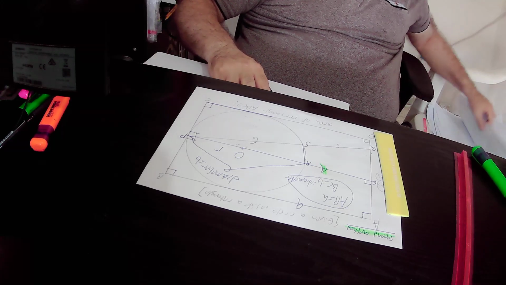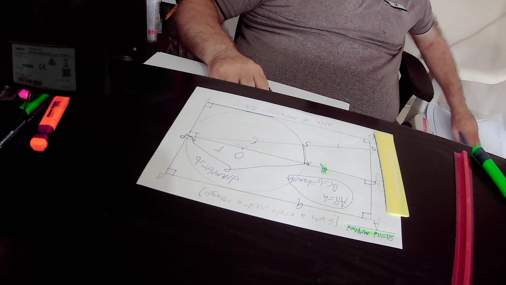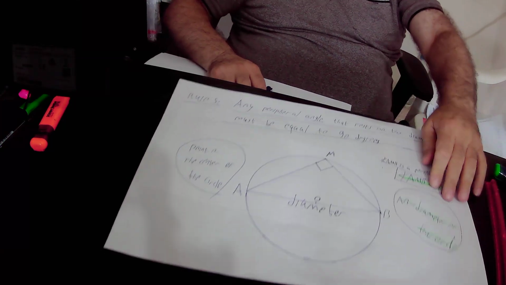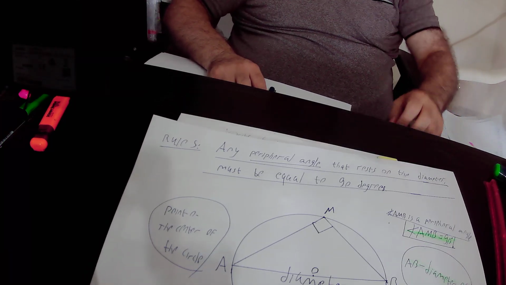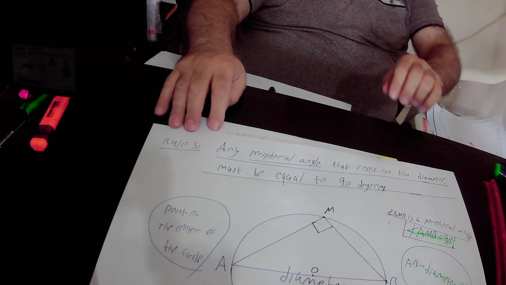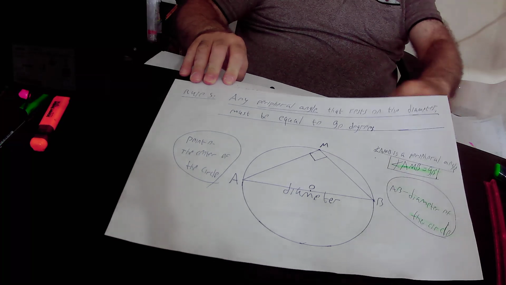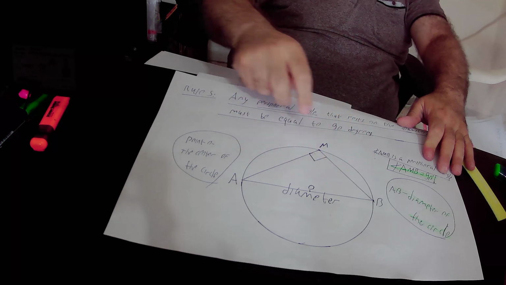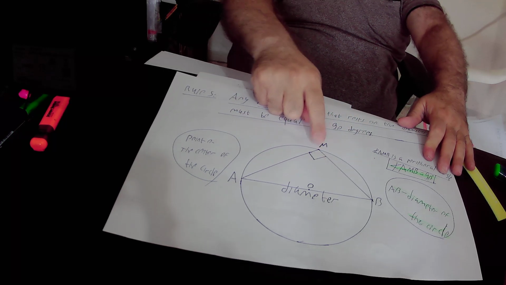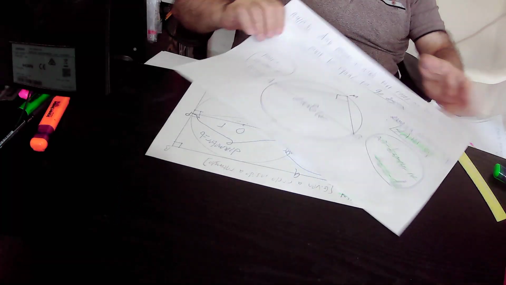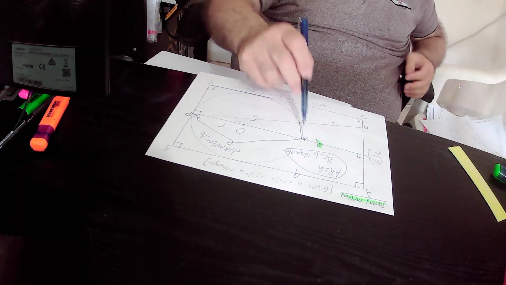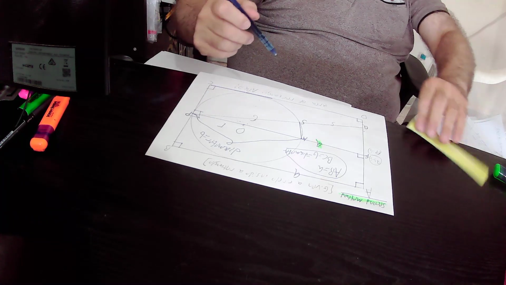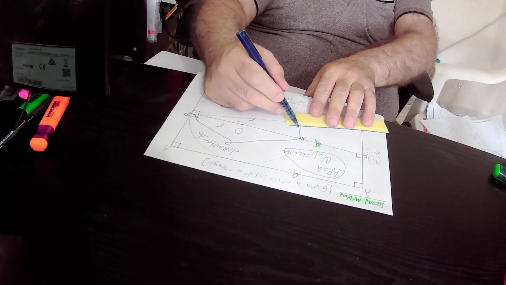And we actually have rule number 5 that states that any peripheral angle that rests on the diameter of the circle must be equal to 90 degrees. So here, peripheral angle AMB rests on AB, that is the diameter of the circle, therefore it is equal to 90 degrees, as you can see from the drawing. We can implement rule number 5 in our drawing. Peripheral angle MSP rests on MP, that is the diameter of the circle, therefore according to rule number 5, it is equal to 90 degrees.